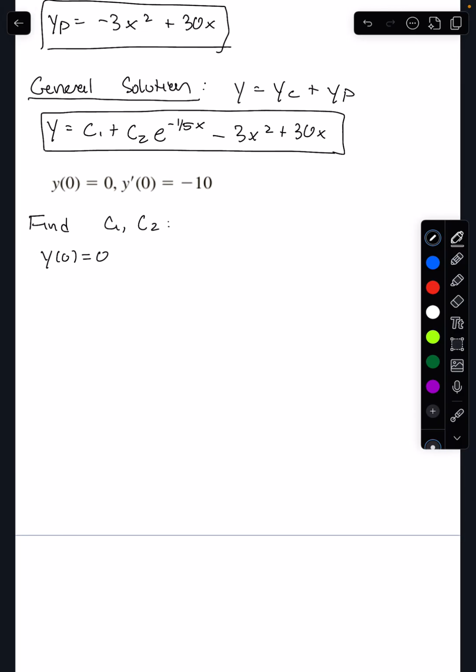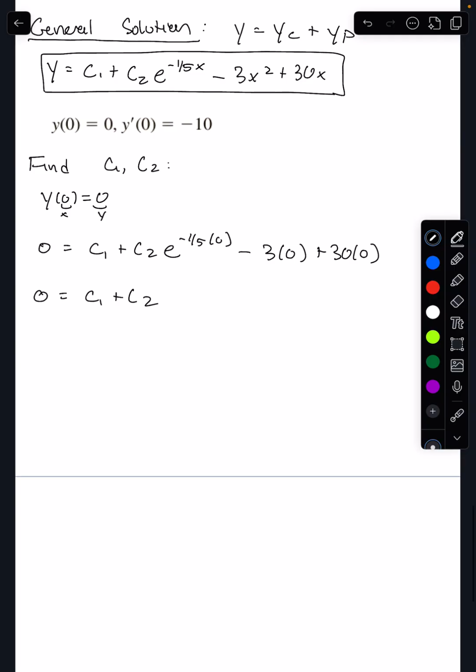If I plug in, this is my x, this would be my y, I get 0 is equal to C1 plus C2 e to the negative 1/5 times 0 minus 3 times 0 plus 30 times 0. So what this initial condition gives me is that C1 plus C2 must be 0.